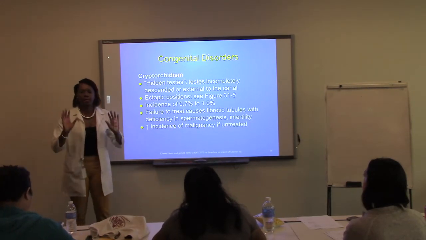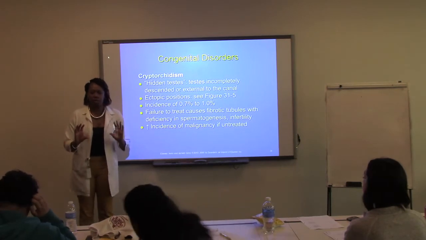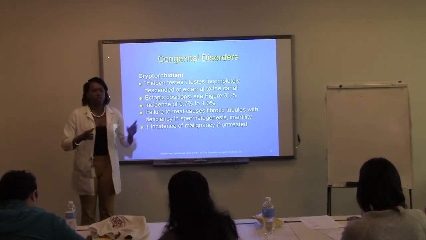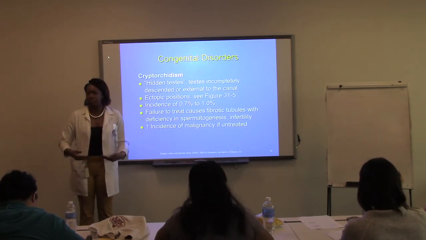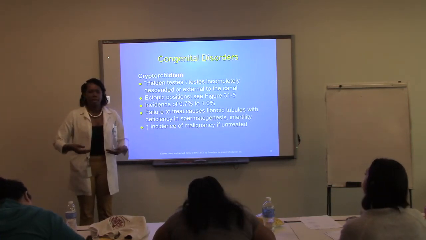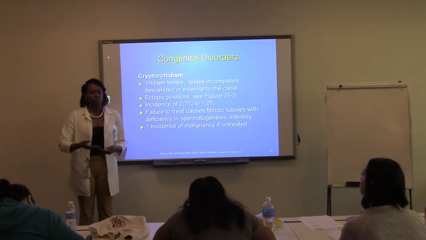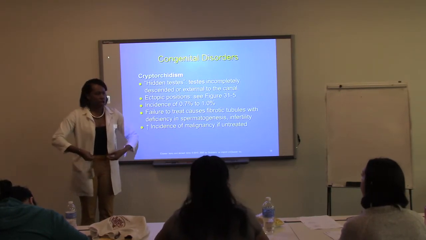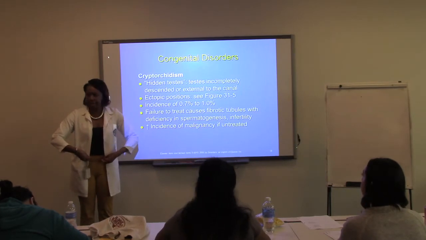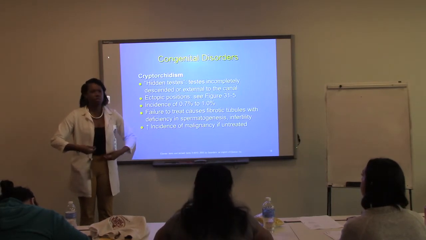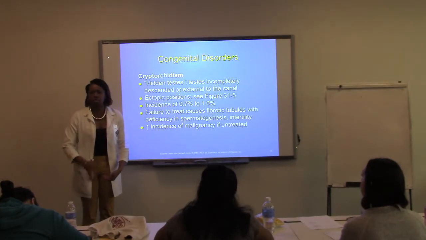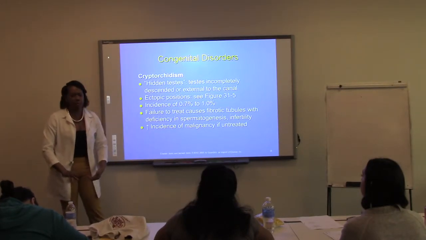Just to go back to embryology, and we're going to cover a little bit of embryology in 32, but just to go over it with males: in embryonic development, the testes start higher up in the pelvic cavity, and then as development continues, the testes descend into the scrotal sac. That's just normal embryological development.